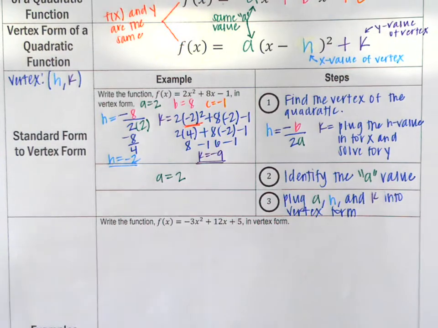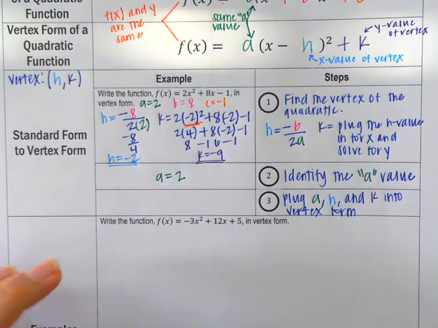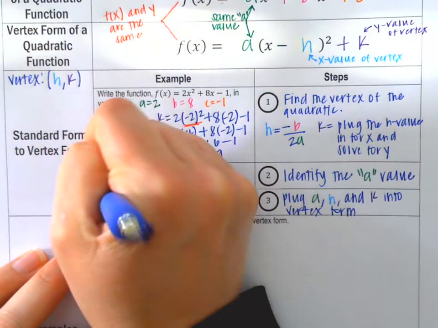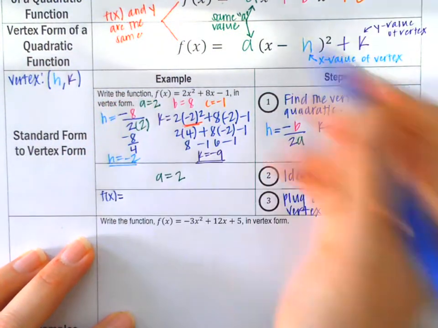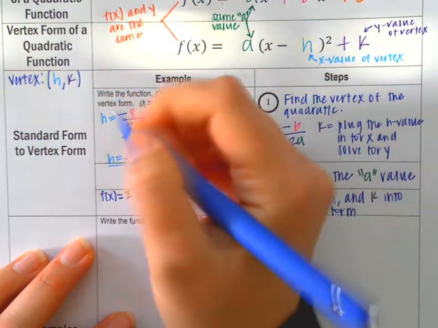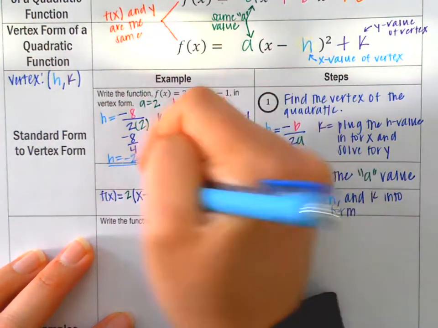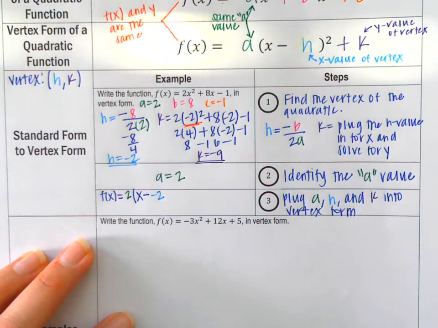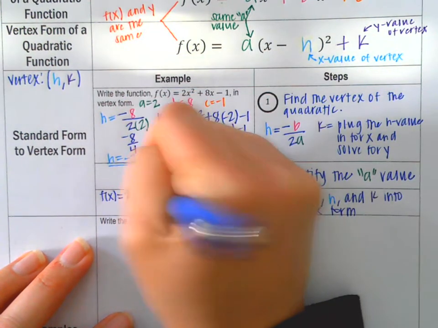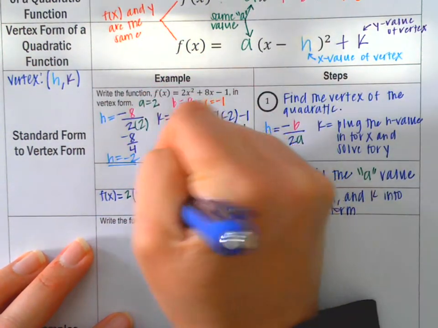Okay, so what that looks like. Vertex form is here. So f of x, that doesn't change, equals a, which we know is 2, and then x minus h. So x minus negative 2, which we're going to simplify in a second, squared, plus k, so plus negative 9.